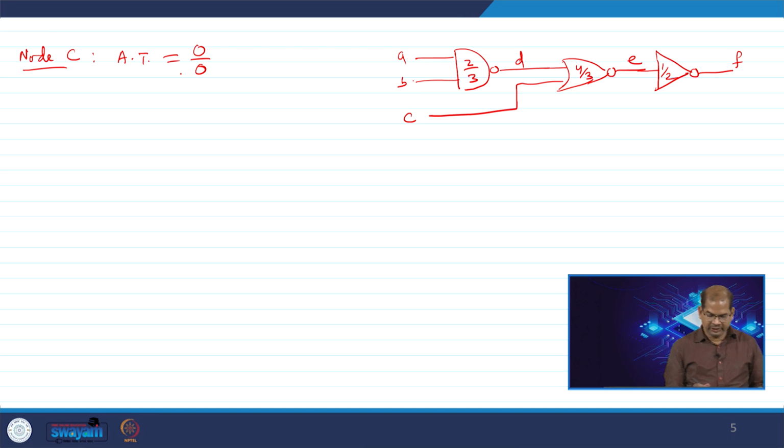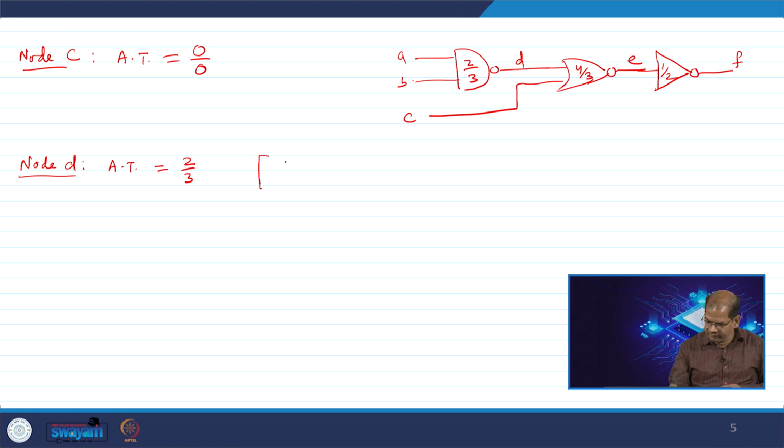Then the node D arrival time is basically 2 by 3. Why is it 2 by 3? I will write the reason here.